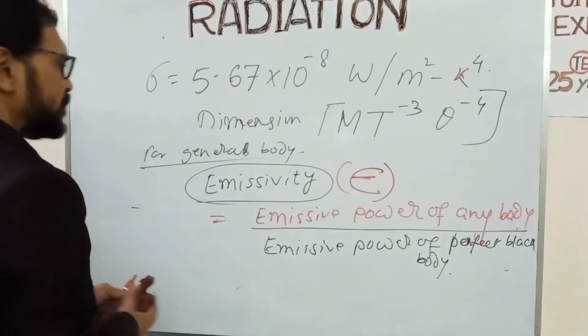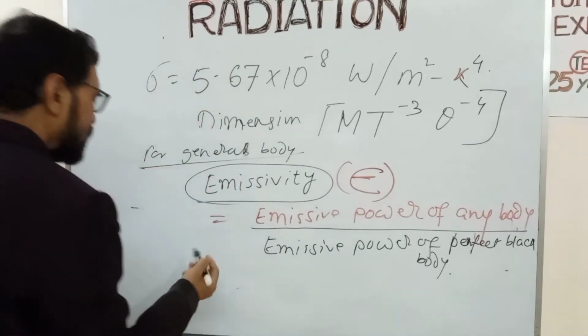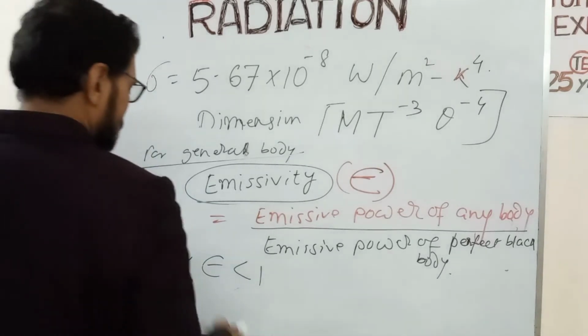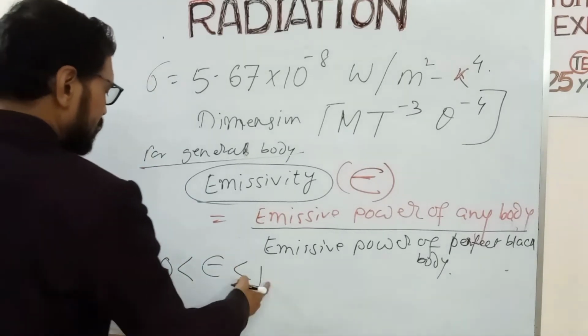Emissivity generally has a value greater than 0 and less than 1.